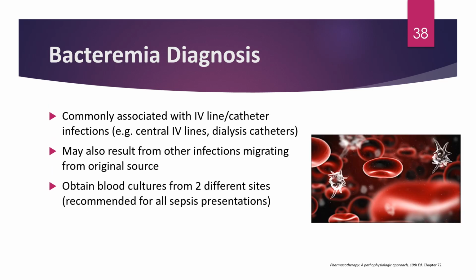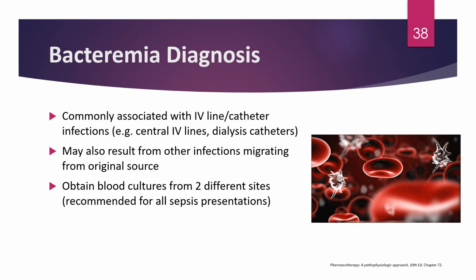Bacteremia diagnosis is going to happen commonly because of IV lines and IV catheters, but it's also going to result from other infections. So if, for example, a urinary tract infection hits the kidneys and you get a pyelonephritis, at that point where it hits the kidneys and gets into our blood flow, you can actually get a bacteremia from that.